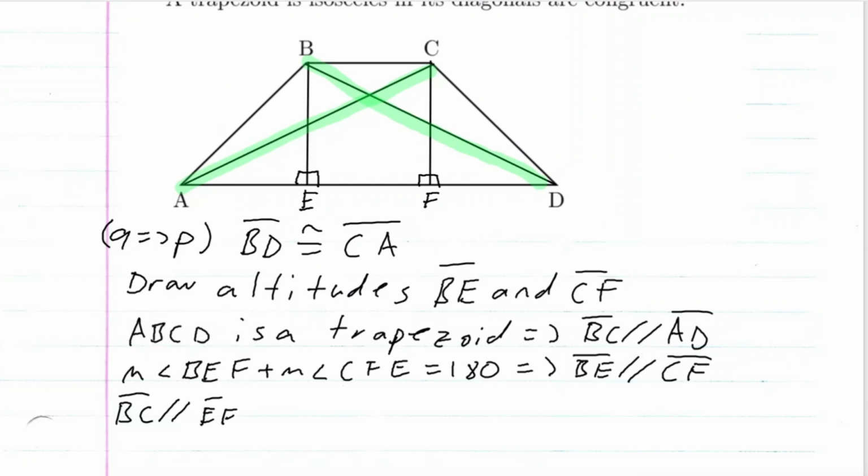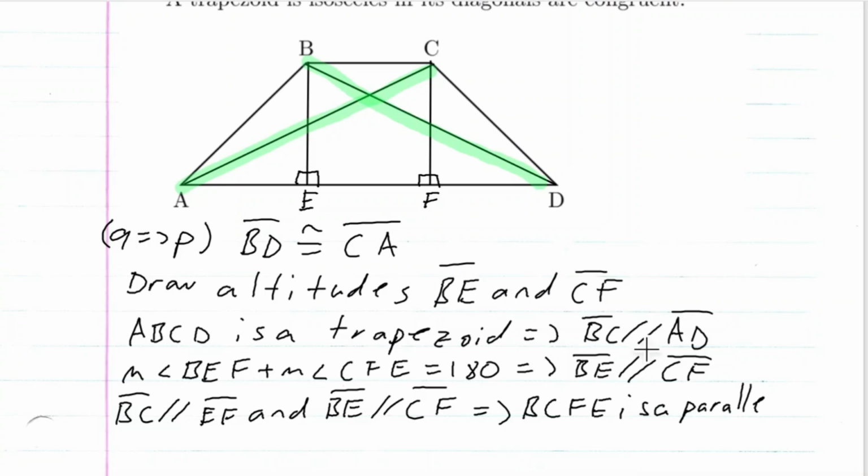EF and BE parallel to CF implies that BCFE, right? BCFE is a parallelogram.